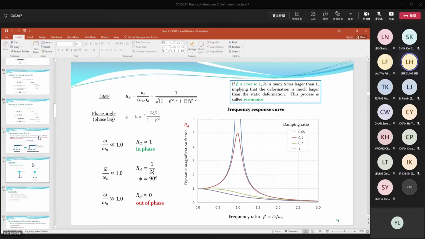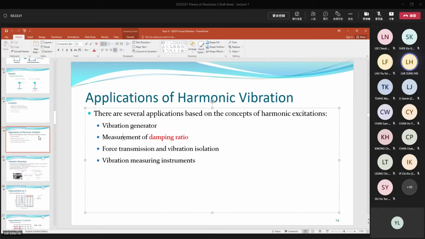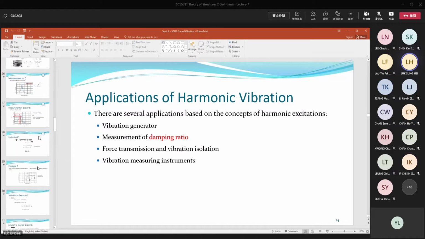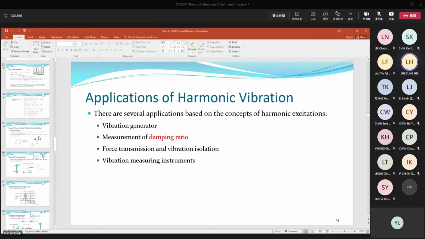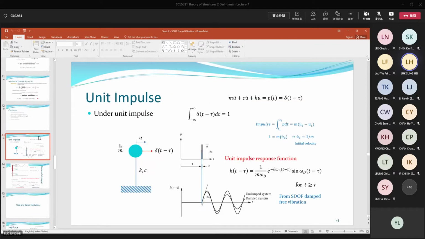And then we discussed a few applications, vibration generator, damping ratio calculations. Next time, we will discuss the remaining two. And then hopefully we can discuss another type of loading, impulse loading. Next time.